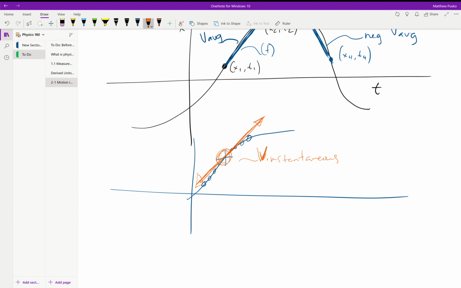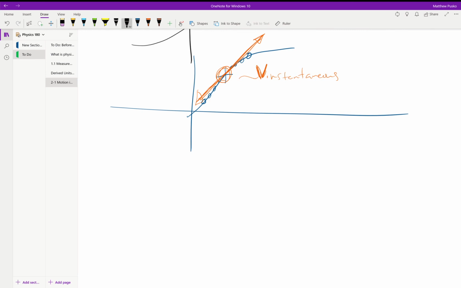So V instantaneous. And we'll find out that it's typically a vector, but we're going to learn about that in chapter 3. And how do we get this definition? Well, if we're just looking in one direction, we'll call it the V sub x direction.